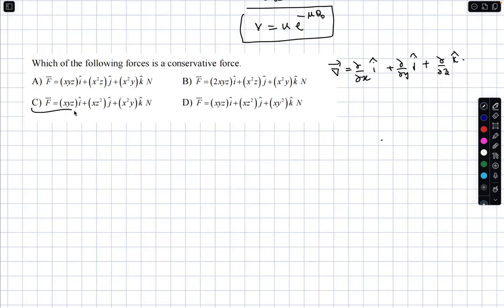See, let us take first C as my option because I see some comfort zone in this. See, you know how to do del bar cross F bar.